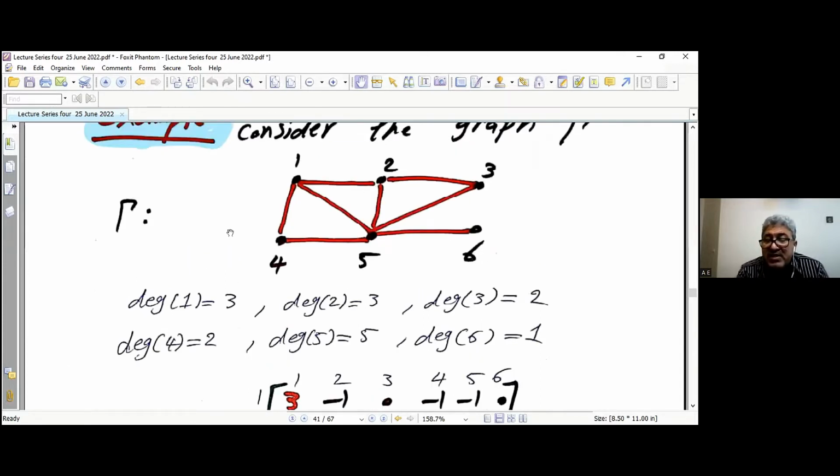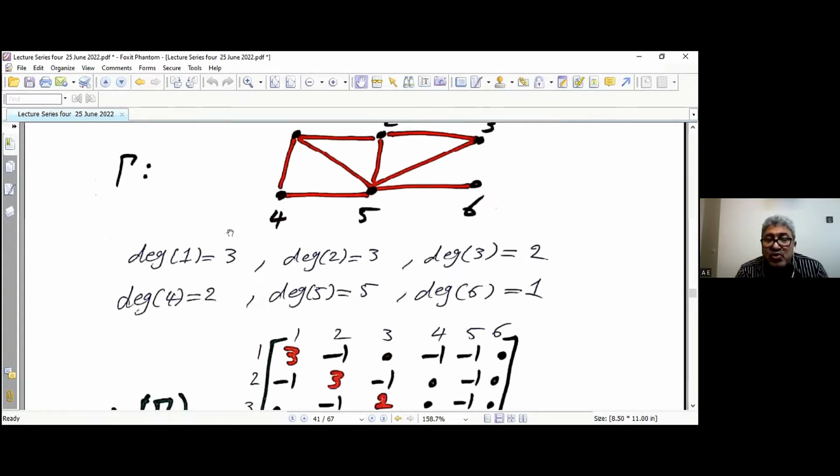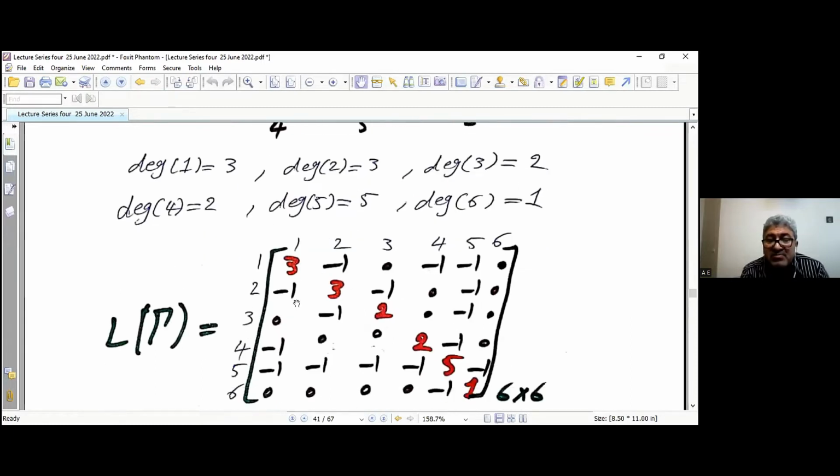So the entry related to 2 and 4 is 0. You can see all columns here. One of the important properties of the Laplacian matrix is that if you add all entries in each row and each column, it's 0.